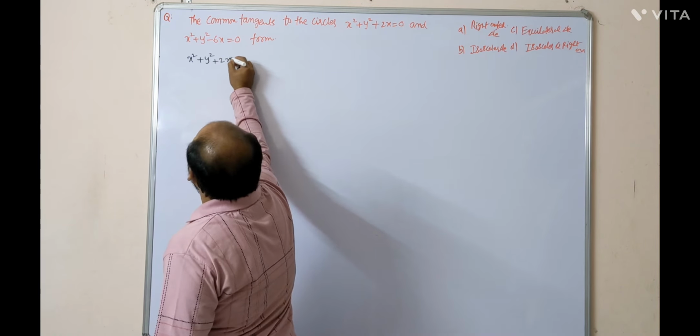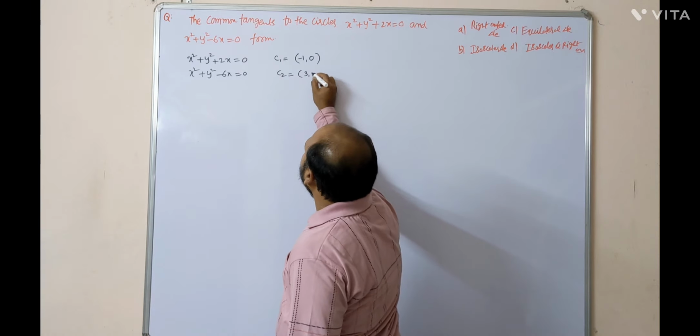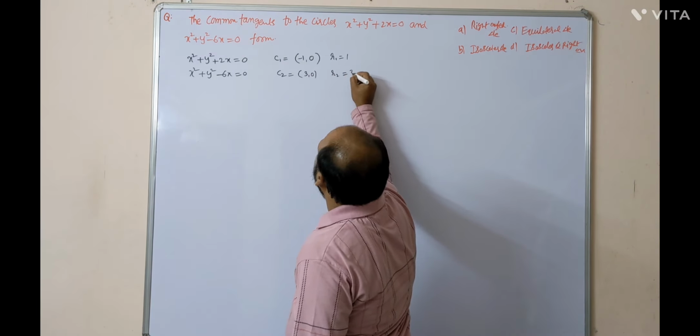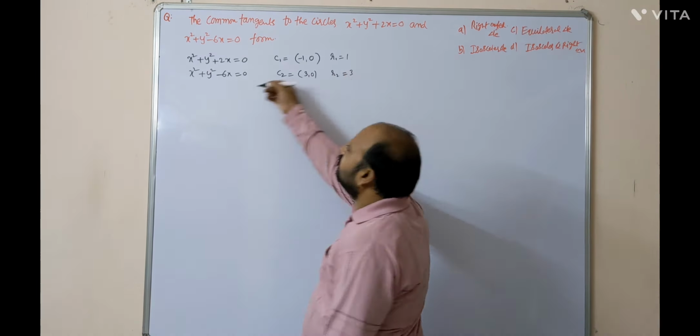So center C1 is (-x coefficient by 2, -y coefficient by 2), so (-1, 0). Second circle x² + y² - 6x = 0: center C2 is (3, 0). R1 is equal to 1, R2 is equal to 3, using root of g² + f² - c.